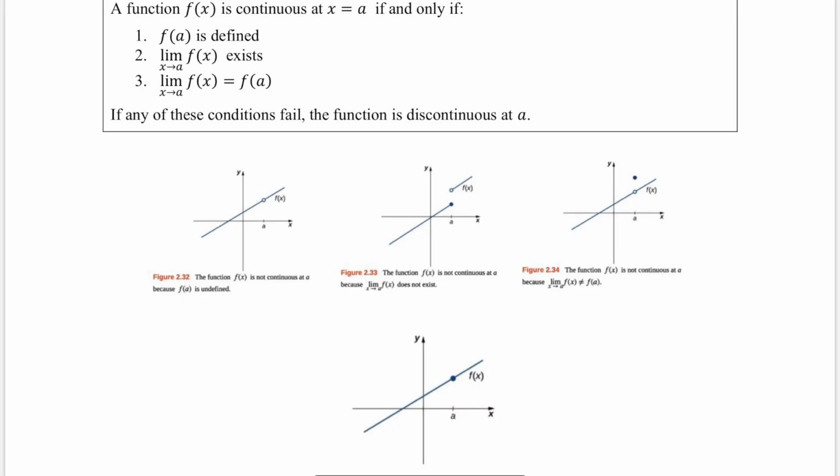So in summary, a function is continuous at x equals a if the function value exists, the limit exists, and they are equal. If all three conditions are satisfied, the function is continuous. And if any of them fails, the function is discontinuous at that point. And that's exactly what continuity at that point means.